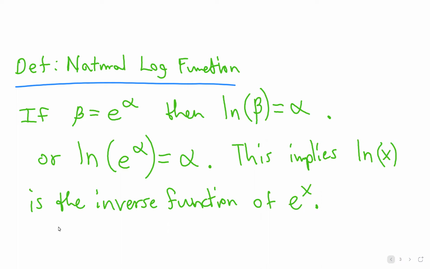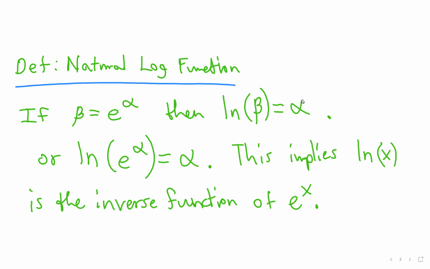So if we had an exponential of e to some alpha, then it would be equal to some beta value, just as an assumption of what the exponential would be. We can then say that the inverse would be this natural log of beta, which is equal to alpha. And so this is sort of taking the approach that we're saying that this is the function that's going to be the inverse of this exponential.